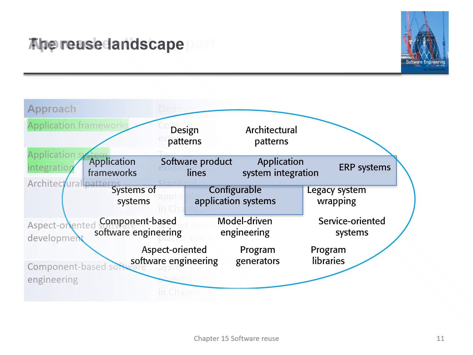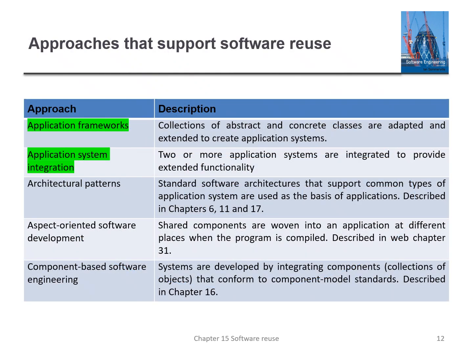Okay, let's have a look. I have come across some of these. The one that we are going to concentrate on is actually application framework. An application framework is actually a running system, but basically it will provide only core functions. So using an application framework, you can build another system on it.